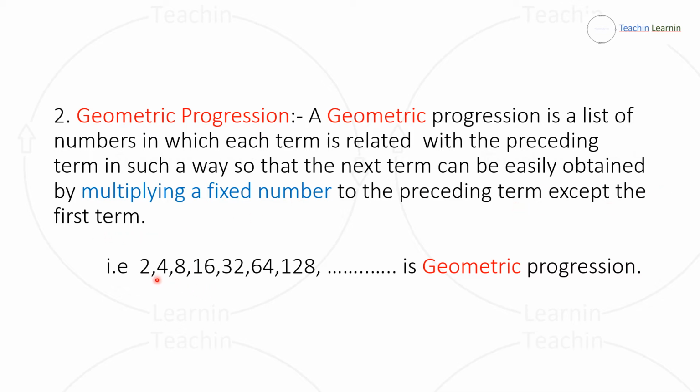So when you multiply 2 into 2, you will get 4, 4 into 2, 8, 8 into 2, 16, 16 into 2, 32, 32 into 2, 64, 64 into 2, 128.